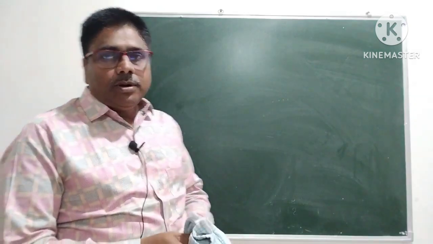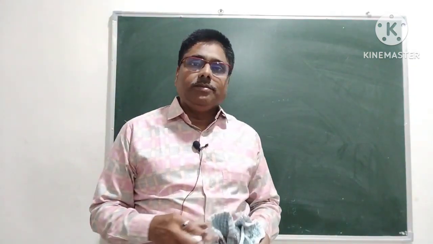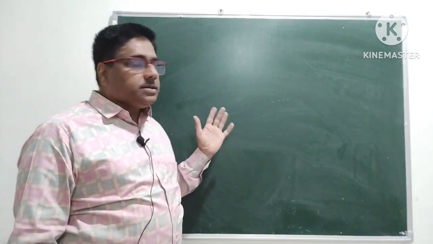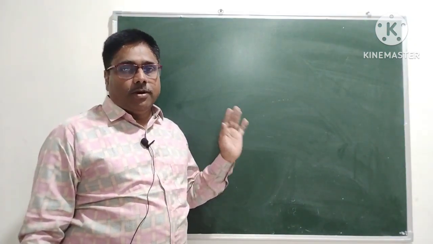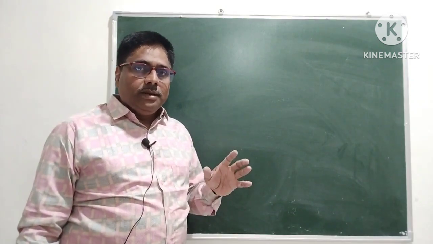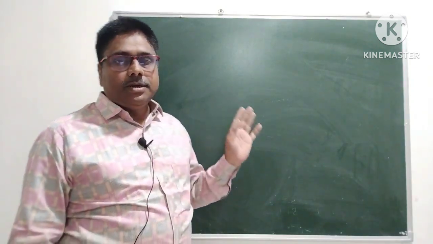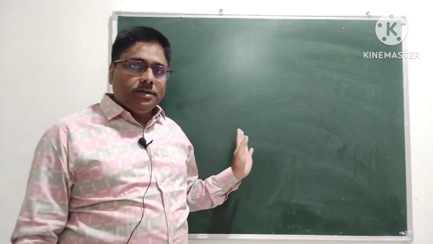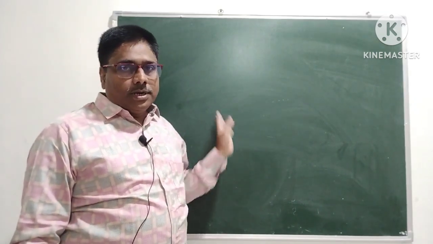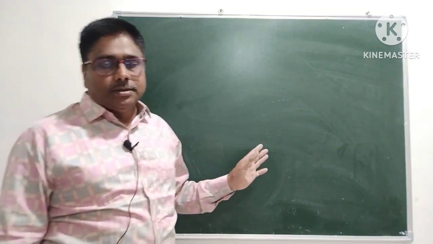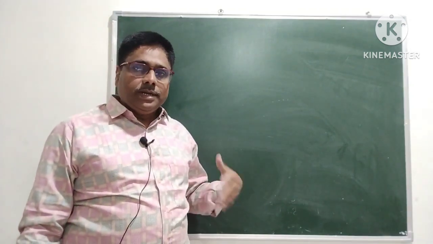Now, one more very important thing I am going to tell you. First, we are supposed to learn the projection of point, meaning where the point is located, whether it is in first quadrant or third quadrant. Normally, we use first and third quadrant. Not all four quadrants are used. Second and fourth quadrant are not used. The reason I will tell you later.